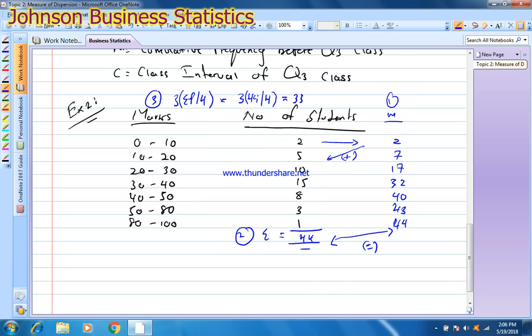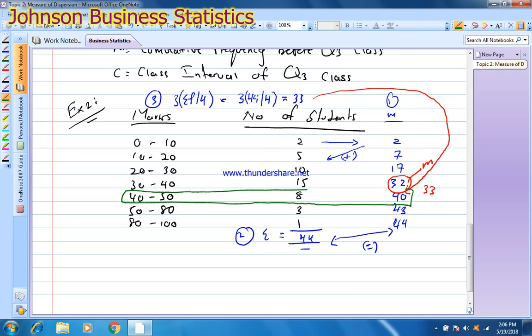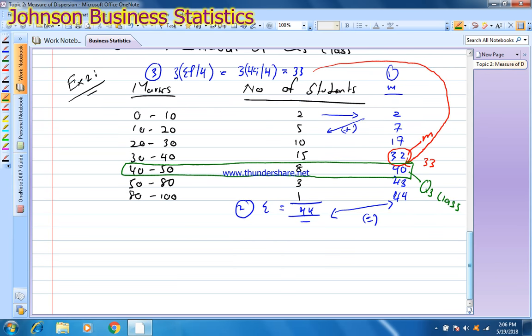And then step 4, you take this 33 and go and find which numbers it comes between. It comes between here, the 33. Then you choose the lowest figure, that becomes the M, and the next whole row becomes the Q3 class.